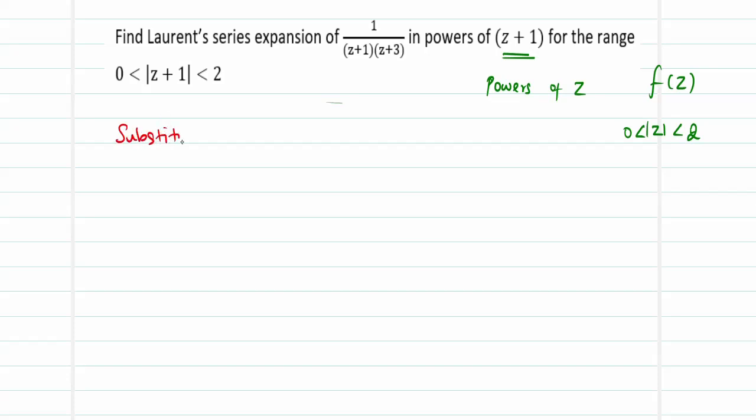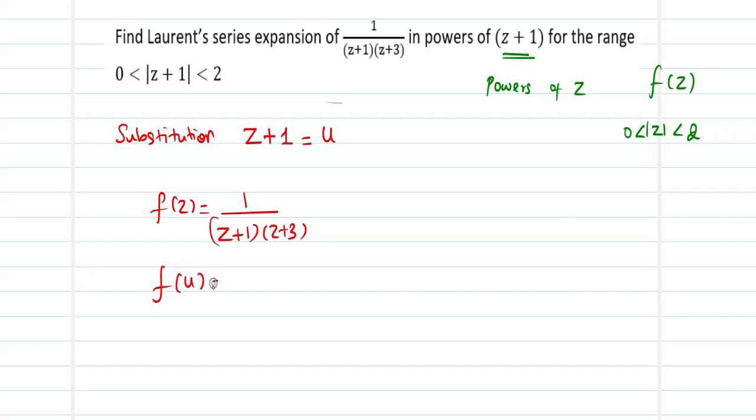What we are going to do over here is substitute z plus 1 to be a secondary variable called u. Therefore the function f of z, which was 1 divided by (z plus 1) into (z plus 3), will now become a function of u, where z plus 1 is replaced by u.